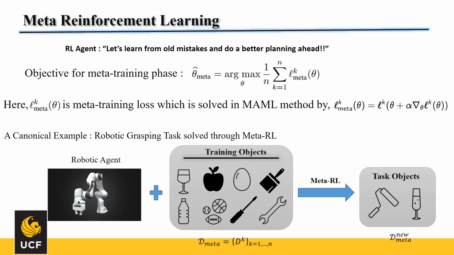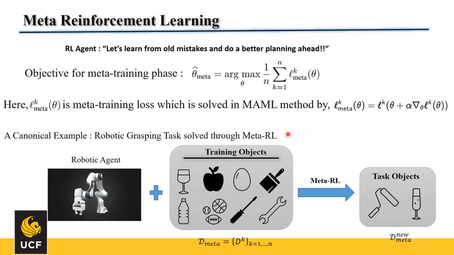So the objective of the meta-training phase is to learn a representation of a meta policy that can maximize the reward, or the average reward, over all tasks. The task can be anything. And this meta-training loss, L_k(theta), is totally dependent on the method that is being followed. For example, the MAML method follows a gradient-based approach to develop the optimization process.